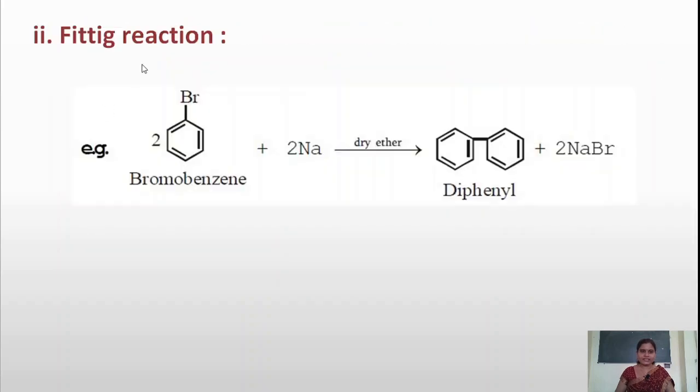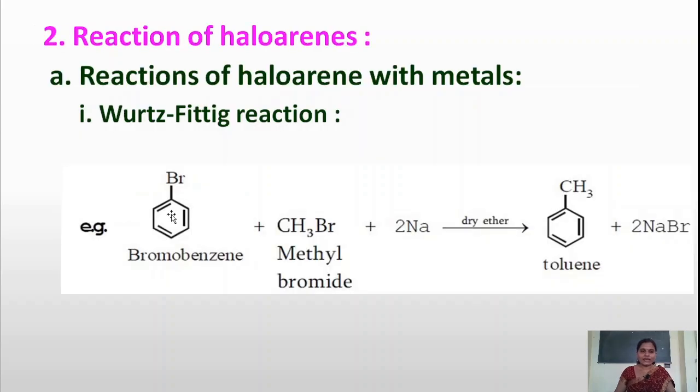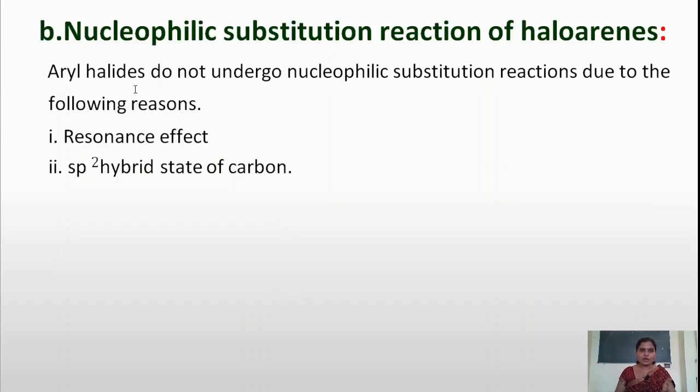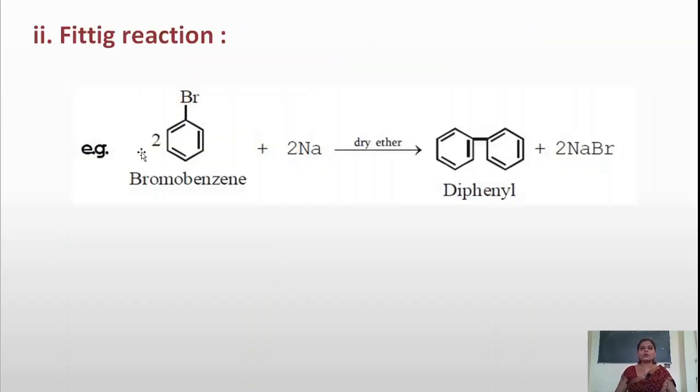the Fittig reaction. In the Wurtz-Fittig reaction we take one alkyl halide and one aryl halide. But in the case of the Fittig reaction, two aryl halides react with sodium metal in the presence of dry ether, and these two aryl groups get attached together, with the formation of sodium halide, that is sodium bromide in this case.